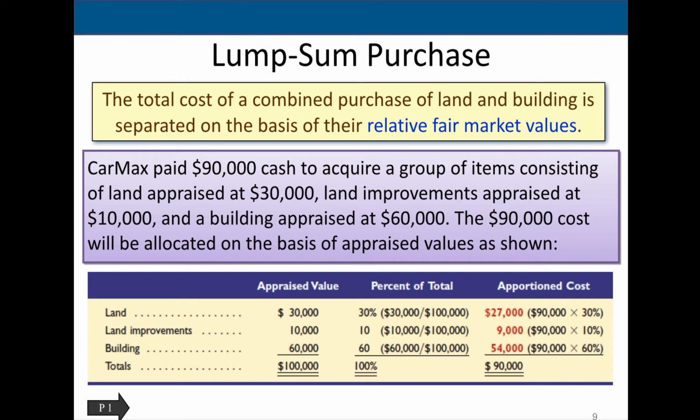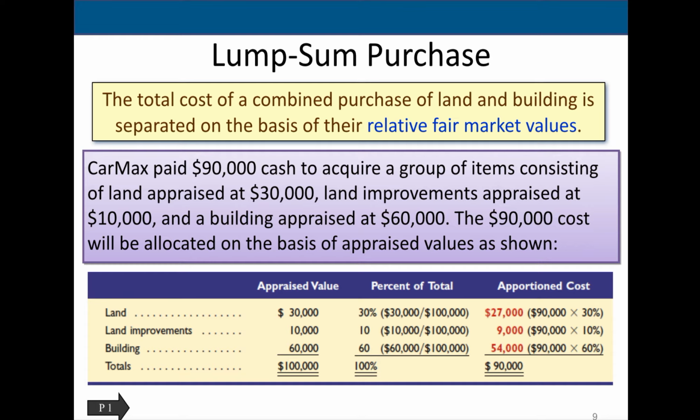That gives me the allocation of each asset class. 60% times 90,000 gives me 54,000, which means 54,000 of the initial 90,000 is allocated to buildings. 9,000 of the 90,000 is allocated to land improvements, and 27,000 of the 90,000 is allocated to land.